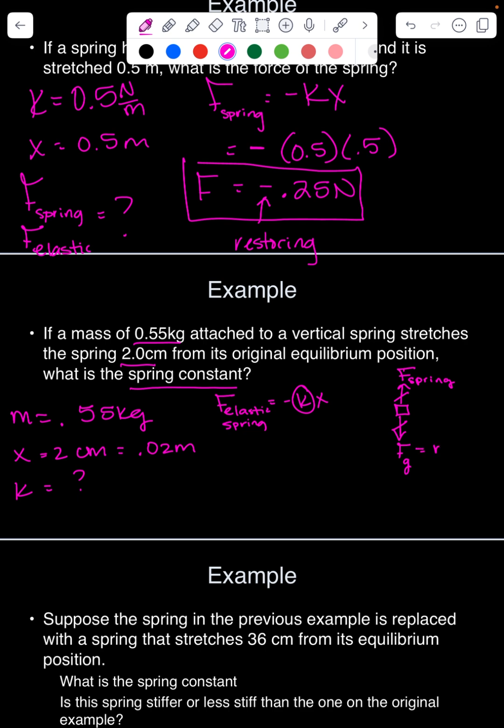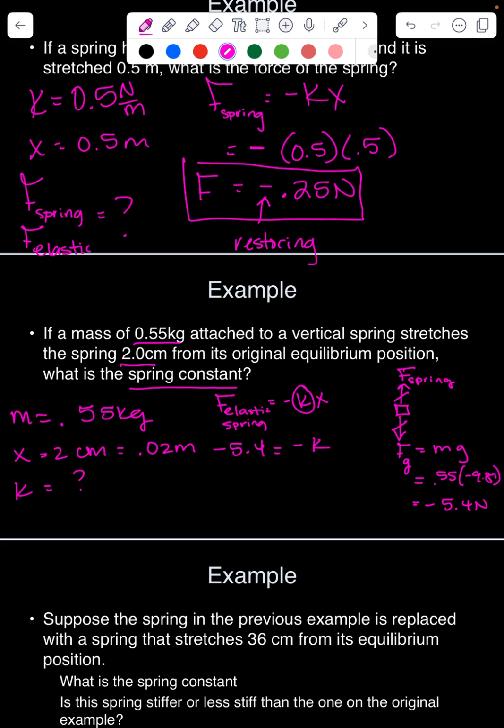So Fg is equal to mg, so that's 0.55 times negative 9.81. That gives us negative 5.4 newtons. So our force that's been exerted is negative 5.4 newtons.